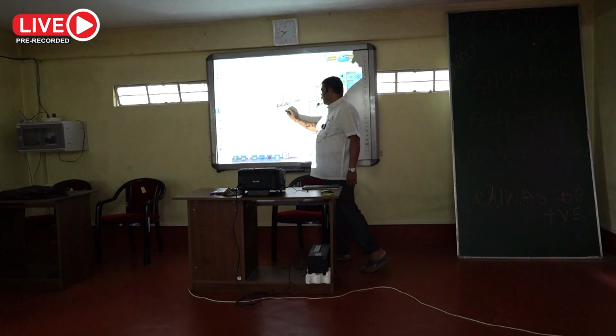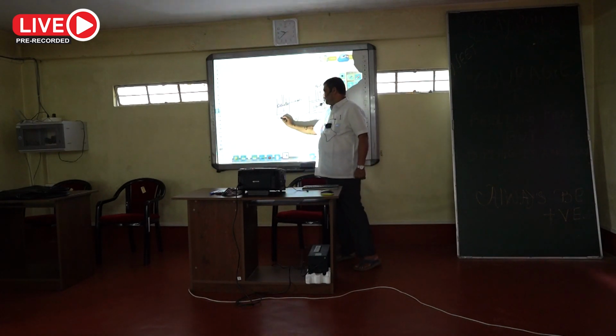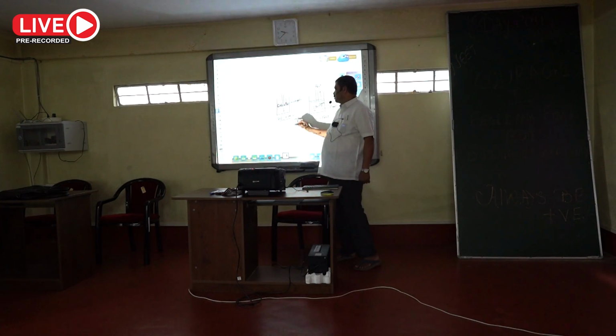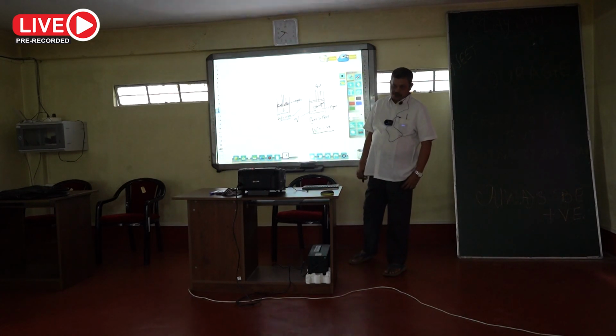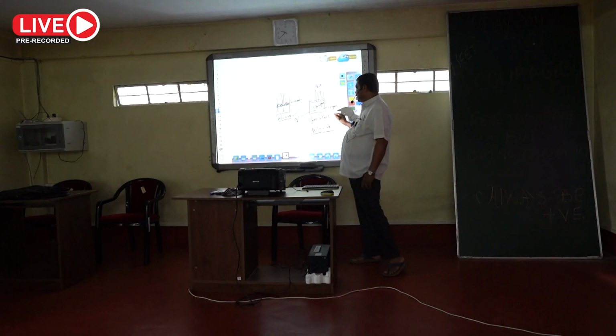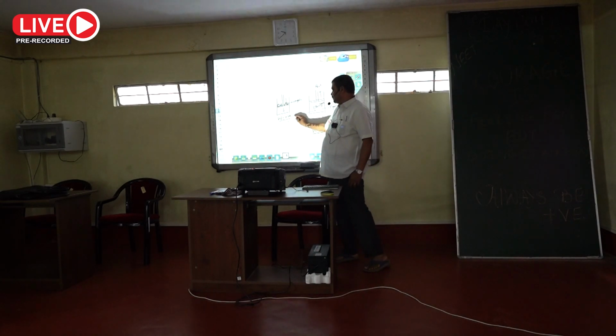Thus the piston moves down. Then work done on the system, W is positive. Work done by the system, W is negative. These two are very, very important things.